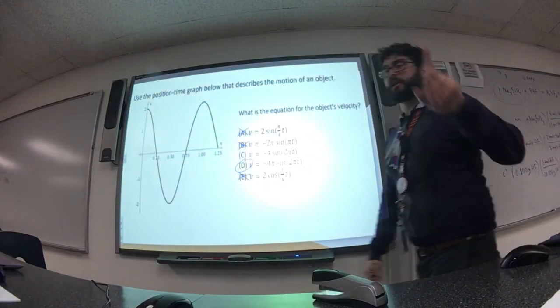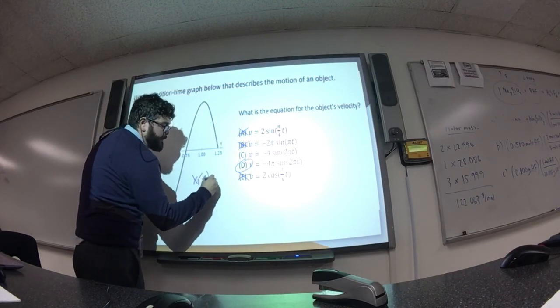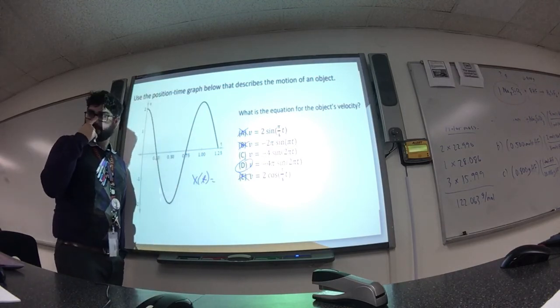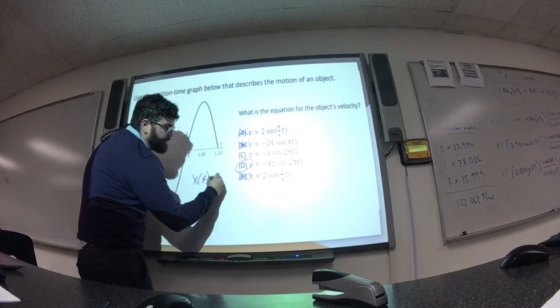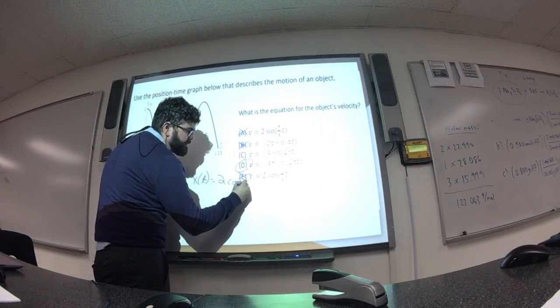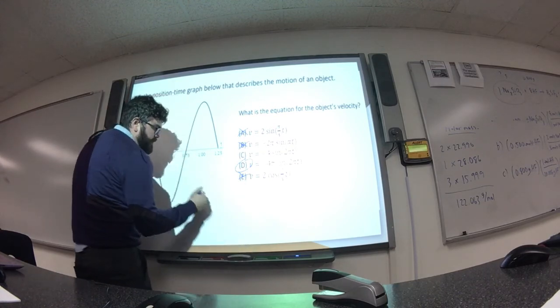So what was the position function? From our last one, from number 1, we got 2 cosine.